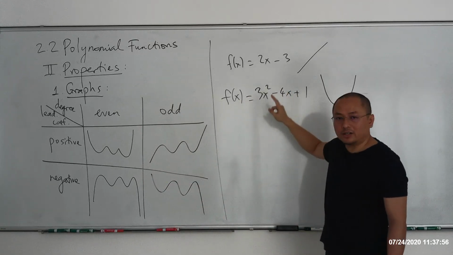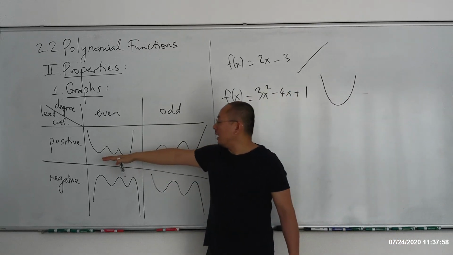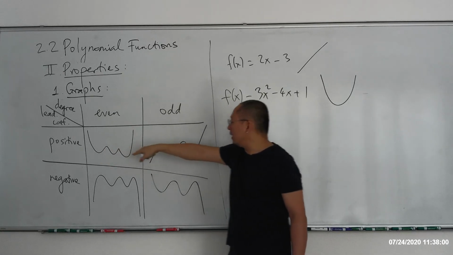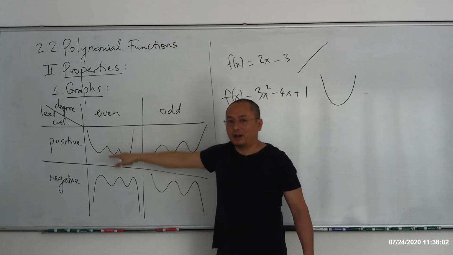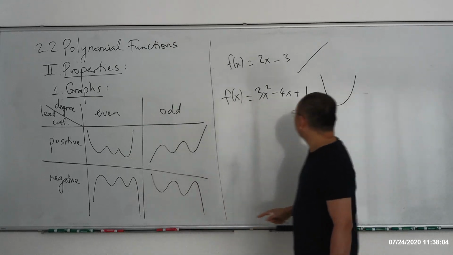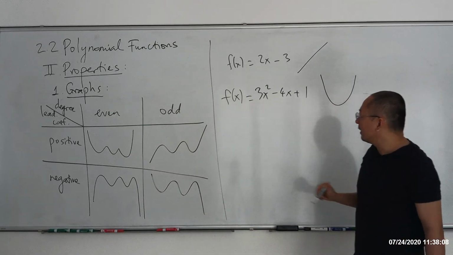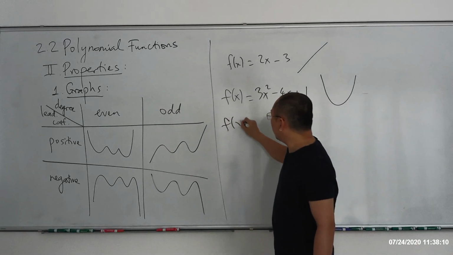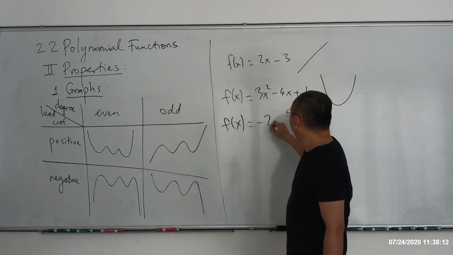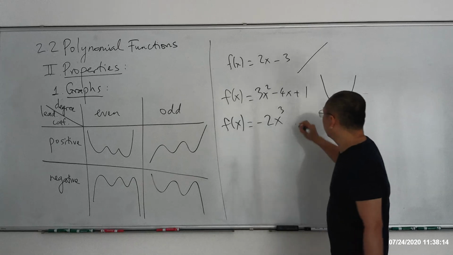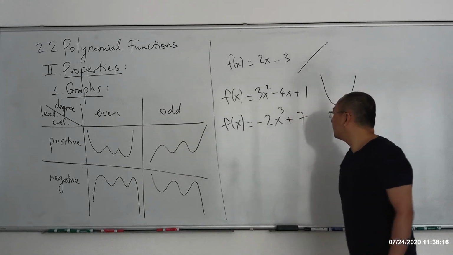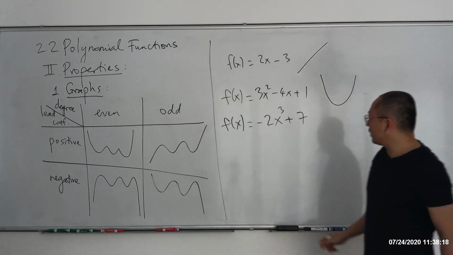The higher the degree, the higher the chances you're going to have middle behavior going up and down, wiggling a little. With a smaller degree, the graph looks simpler. Degree 3, how about this? f of x, say, equal to negative 2x cubed plus 7. I claim that the graph is going to look like this.